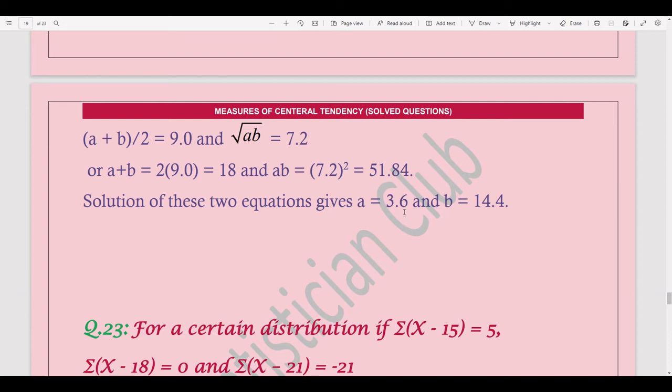So 3.6 and 14.4 are the two numbers. When we add these two numbers, the answer is 18, and when we multiply them, the answer is 51.84. You can get these numbers by simplification of this quantity. You can search for the two numbers.